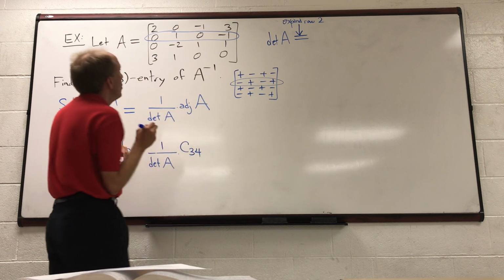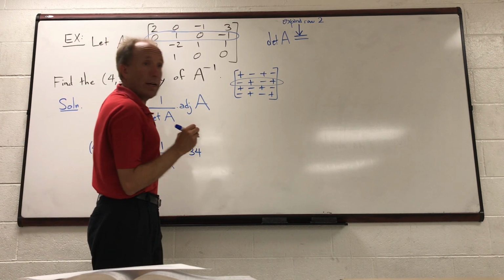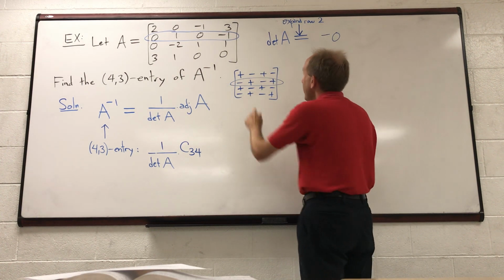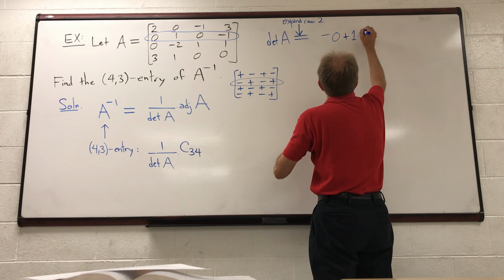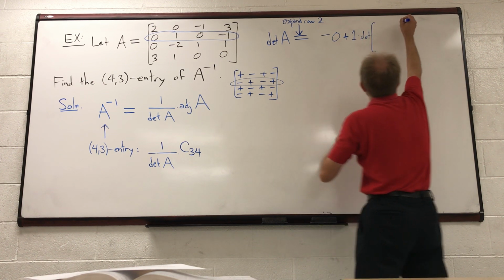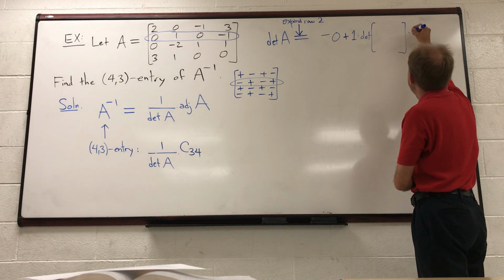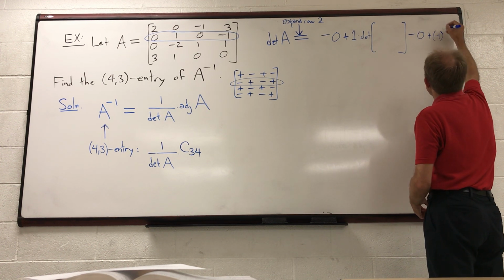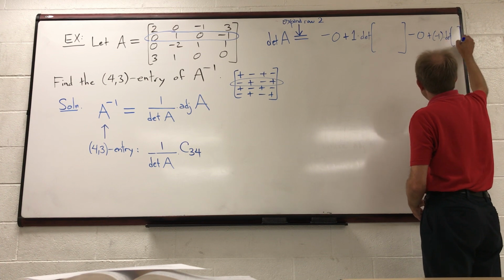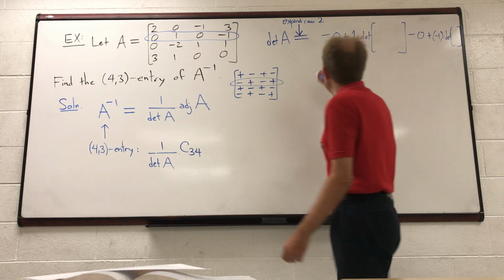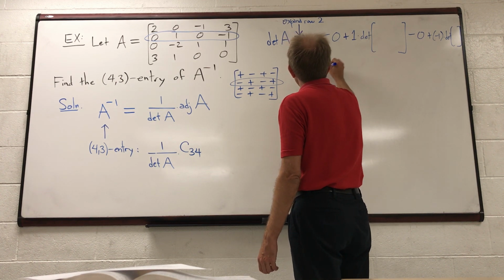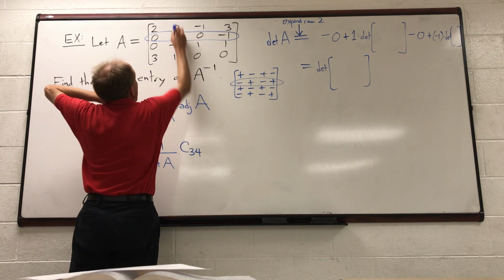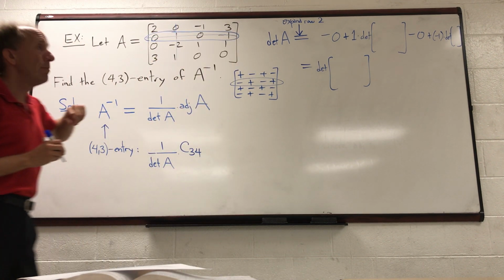Along the second row, the first entry has to be minus, so it's actually negative 0. Then plus 1 times the determinant of a matrix I'll write down in a second. Then minus 0 again, and then plus negative 1 times another determinant of another matrix. What I have to do is cross off the row and the column that I am centered on.